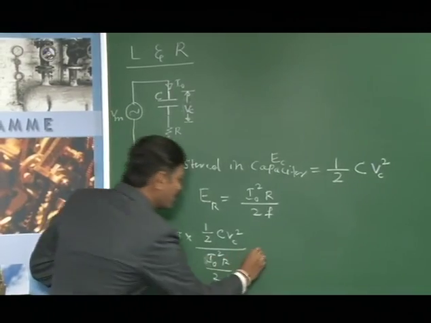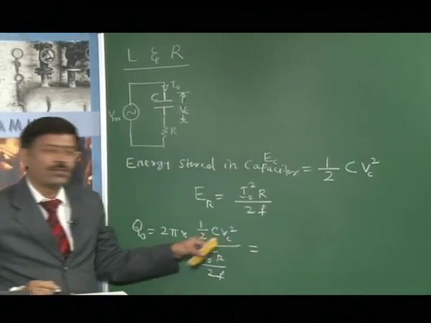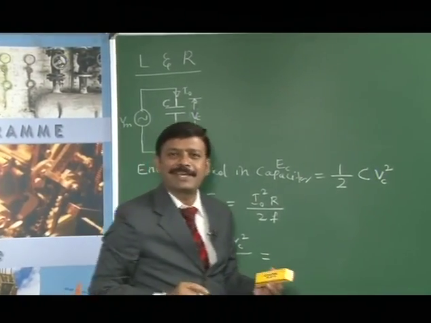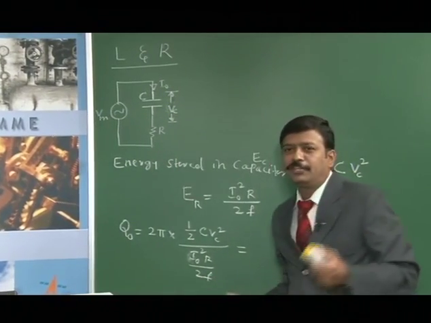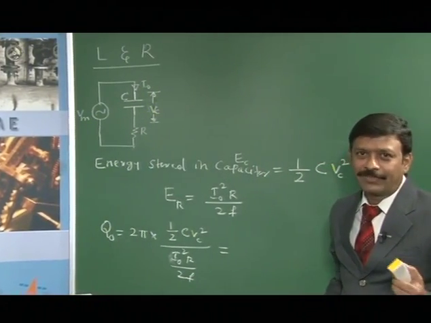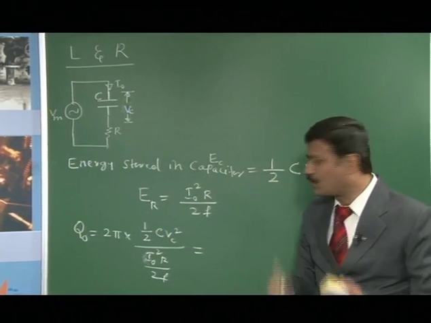The voltage across the capacitor can be expressed as I naught XC, so Vc square is I naught square XC square.